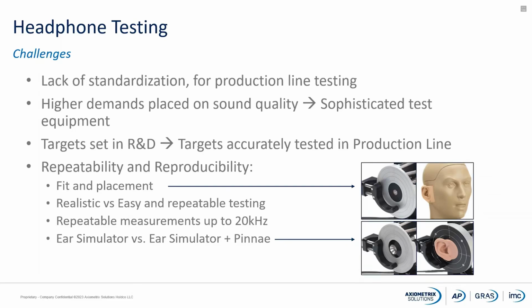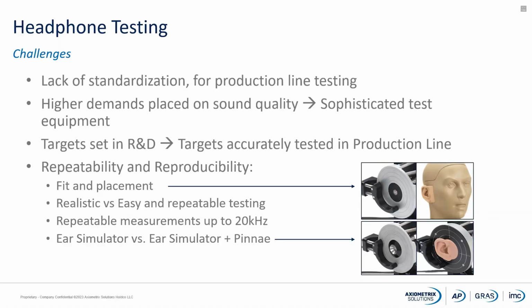There is a standard way of doing it when we are talking about R&D and type approval, because then we have to go back to the IEC 60268-7 standard, which describes what to do. But in production line testing, it's more or less up to yourself to find out what type of test we actually have to carry out.